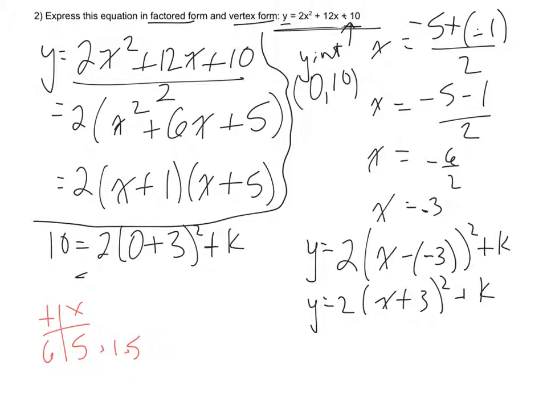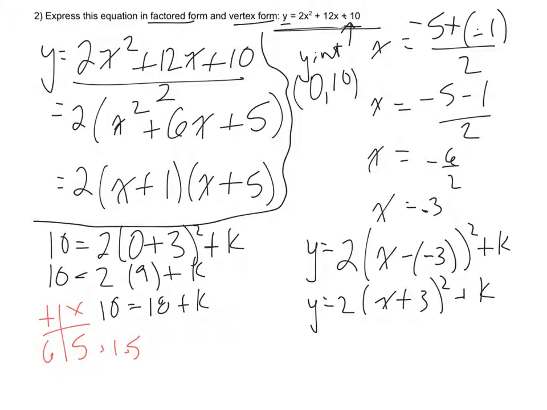My next step is 10 equals 2, and 0 plus 3 is 3, squared is 9, plus k. Can I even erase this stuff? I can't. That's too bad, so I'll just keep working here and might make a bit of a mess. I know that 2 times 9 equals 18, so 10 equals 18 plus k.